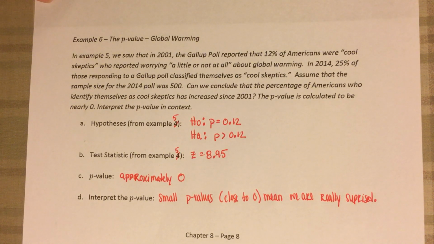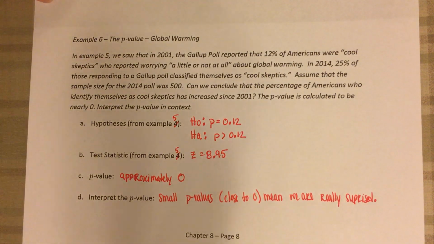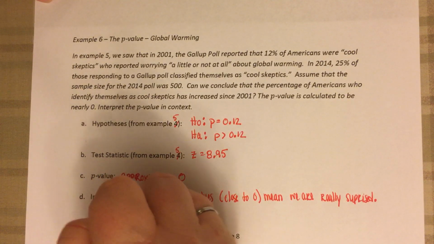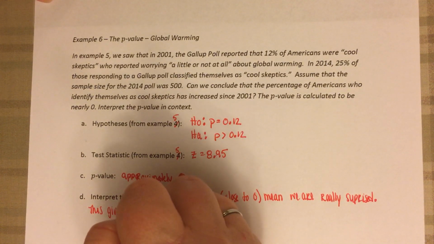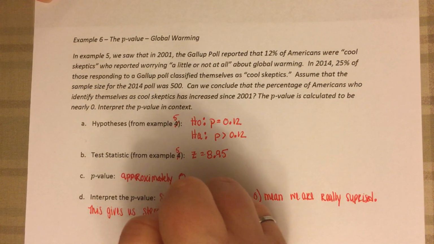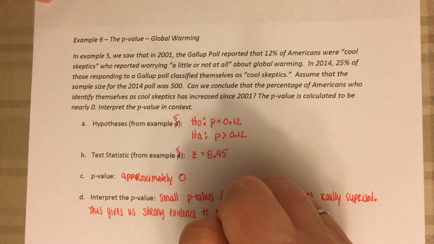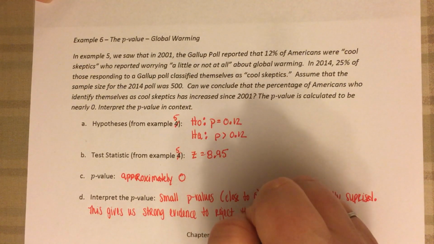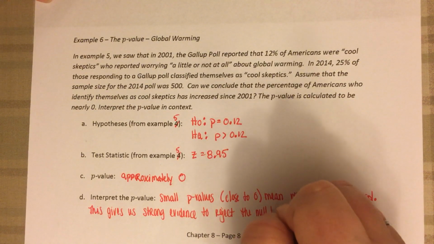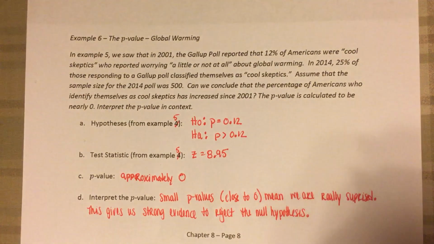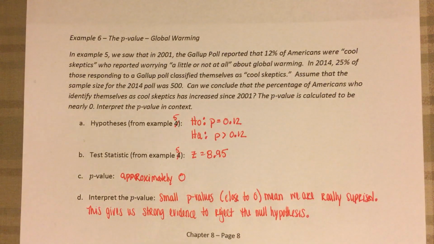When we are really surprised, when we are able to do this comparison that we're going to look closer at in the next example, right? We're going to say this gives us strong evidence to reject the null hypothesis. Right, so the closer our p-value is to 0, the stronger the evidence we have to reject our null hypothesis.